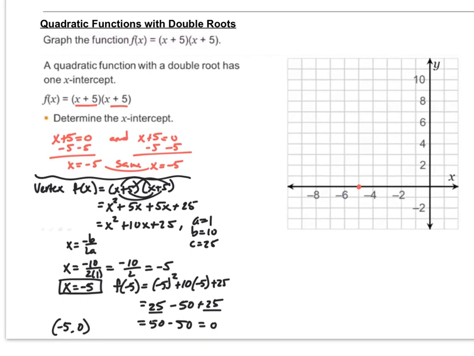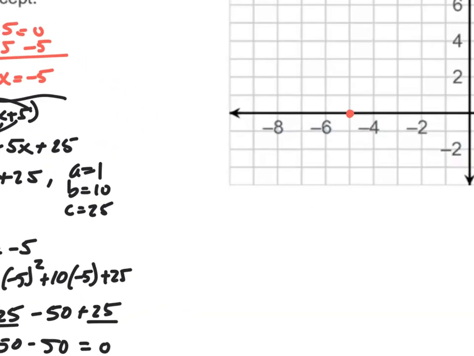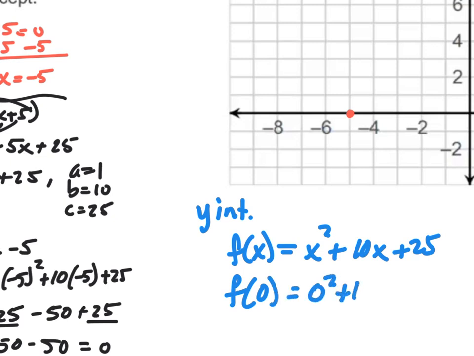And if I wanted to find the y-intercept, with the function f of x equal to x squared plus 10x plus 25, I plug in 0 into my function. I get 0 squared plus 10 times 0 plus 25, and that's just going to give me a value of 25.